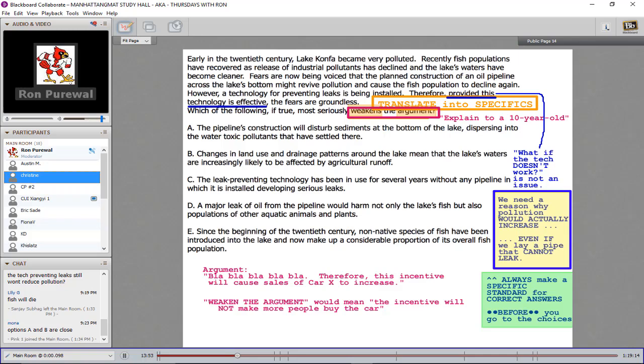Because the pipe is not leaking, so there's nothing leaking out of the pipe, and yet choice A gives you exactly a reason why the pipe would still cause pollution to increase in the water. That is what we want. Smiley face if that makes sense. Okay.